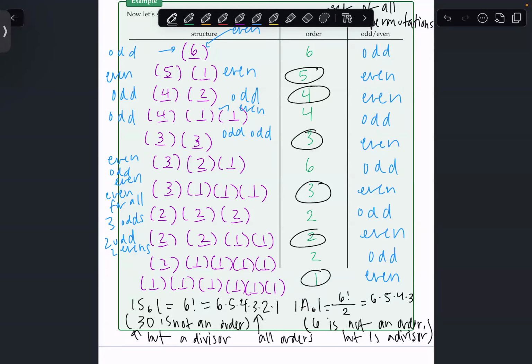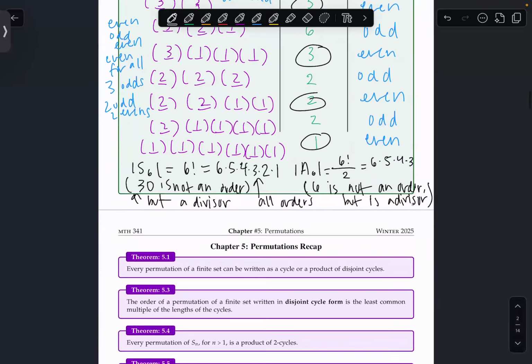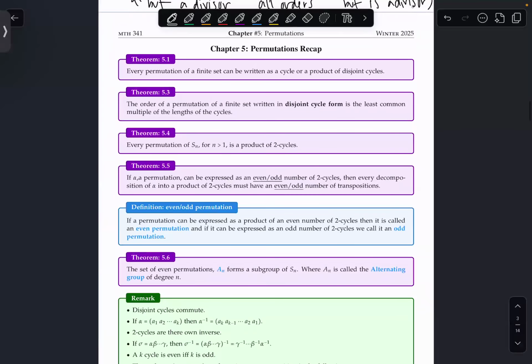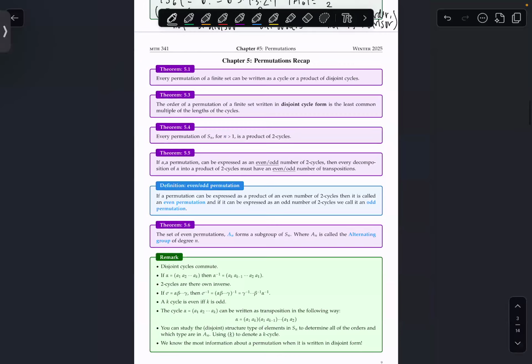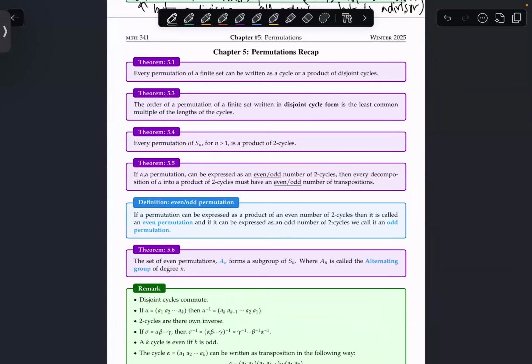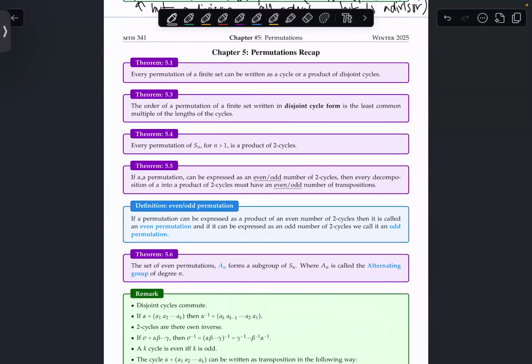Okay, so let's look at our recap for chapter 5. Kind of the most important part is that when we have things in disjoint form, this is going to work the nicest for us. We have the most amount of information in those cases. And it turns out that every permutation of a finite set, and we're only going to be working with finite sets, really things that look like 1 through n, makes it the simplest.